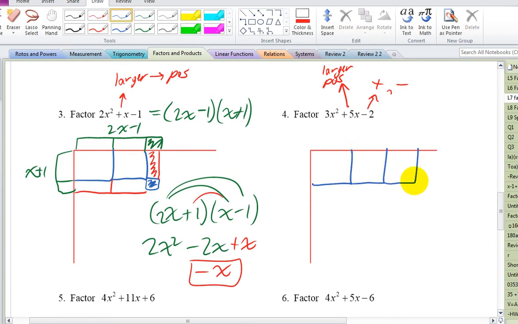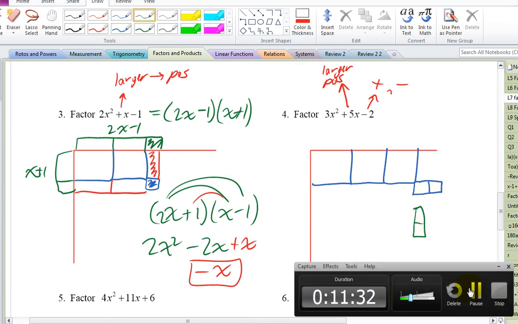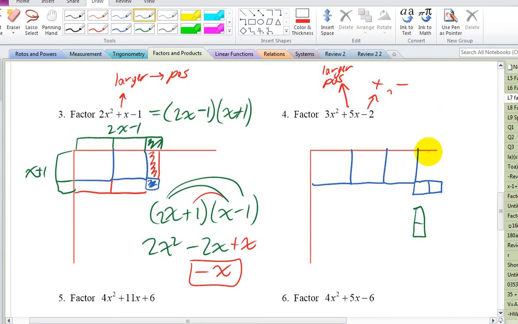Now 2 is the only 1 by 2, okay? But do you go like this? Or do you go like that? You guys play around, try and come up with it. So in this arrangement, I will have 2x here, 3x there.